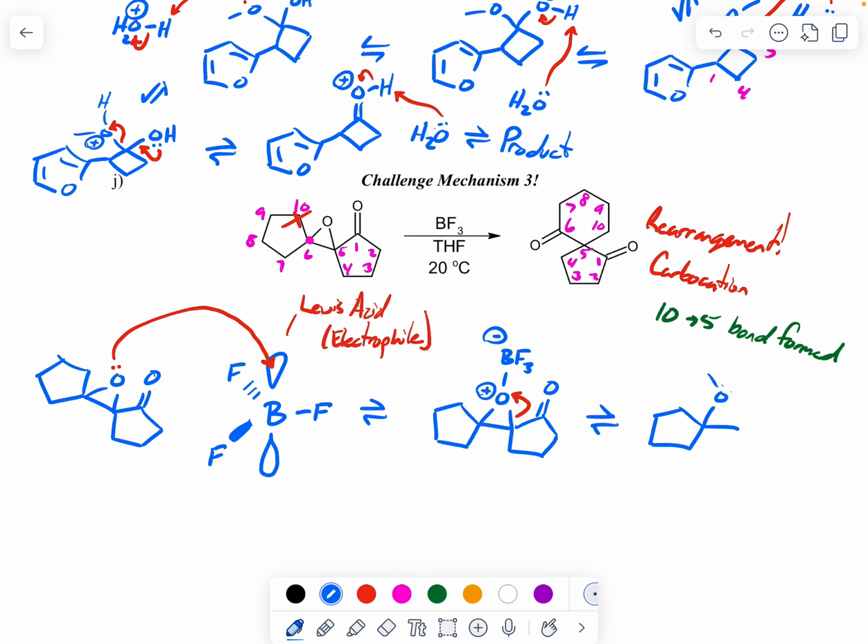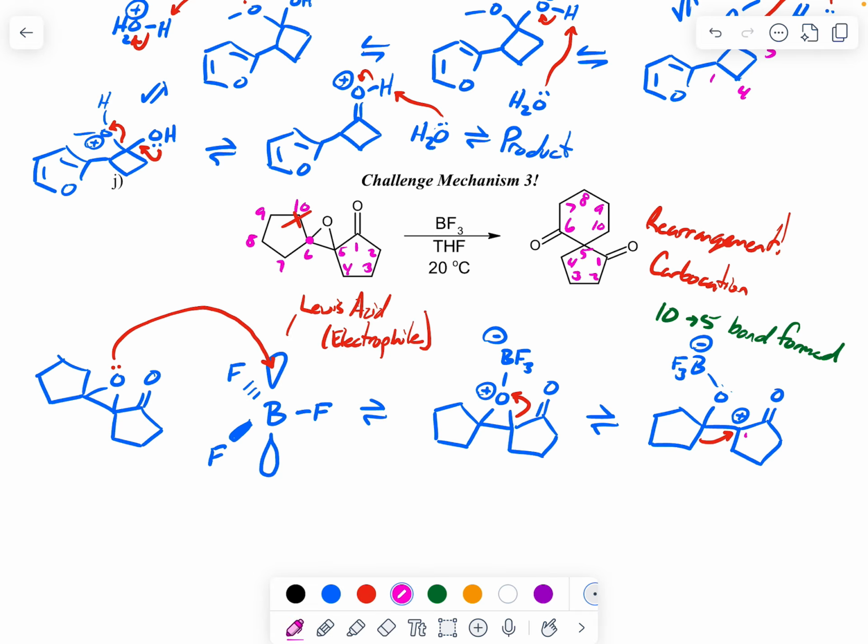This now gives us our oxygen with the BF3 still attached to it, and the BF3 still has a negative charge, but now we just have our carbocation in this position. From here, we're going to see that the rearrangement is now going to occur. The electrons from this bond can be utilized to form the new bond here.